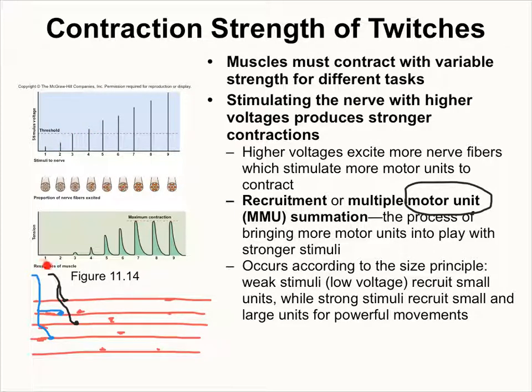So higher voltages coming down the neuron are going to excite more nerve fibers, and that will stimulate more motor units to contract. So the more motor units that you bring in, the stronger the muscle contracts. So now instead of just having off and turbo, you've got like a whole rheostat with numbers from 0 to 10. And now you can control the strength of the muscle a whole lot better.